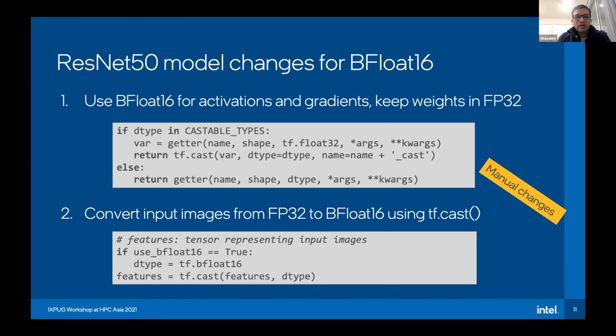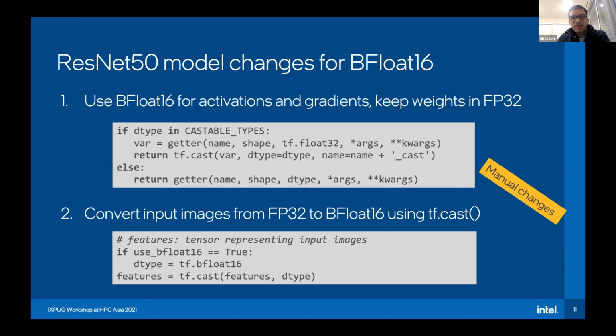So input to the layers that support BFloat16 are cast to the BFloat16 type, whereas the output is converted back into float32. And once we did that, the only other thing we had to do was to cast the input images from float32 into BFloat16 as well. This was required because MLPerf ResNet50 uses the ImageNet data set, which uses float32 type for input images.